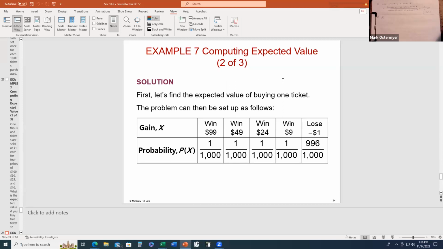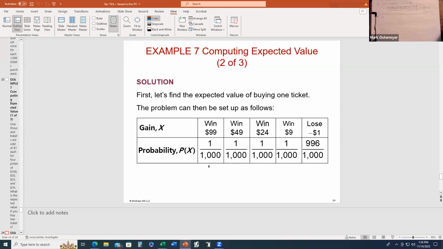So to do that, we make a table. X again represents the gain of playing the game, our net winnings. If we win $100, our net winnings would be $99 because we had to lay out $1 to play the game. If we win the $50 prize, our net winnings would be $49. The $25 prize, $24. And the $10 prize, $9. If we lose, -$1. The probability of winning the $100 prize is 1 out of 1,000.